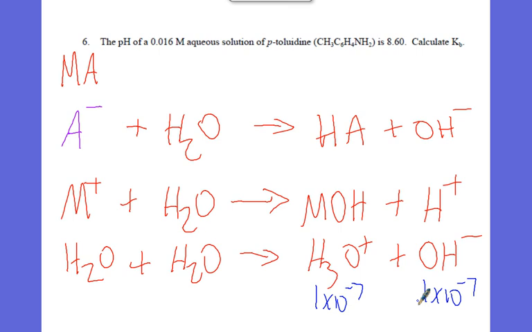I was a little bit off as to why it didn't change more, because the water was actually still the strongest thing. The amount of hydroxide or hydronium being made was insignificant compared to the amount that water makes all by itself. So it was 1 times 10 to the minus 7 plus 1 times 10 to the minus 6, which made it like 1.1, so it clicked the pH up to like 7.8 or something like that. It wasn't a huge change.